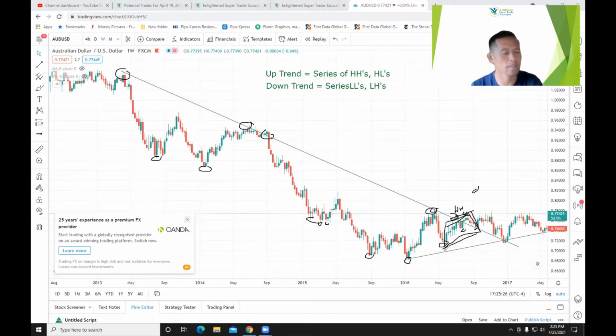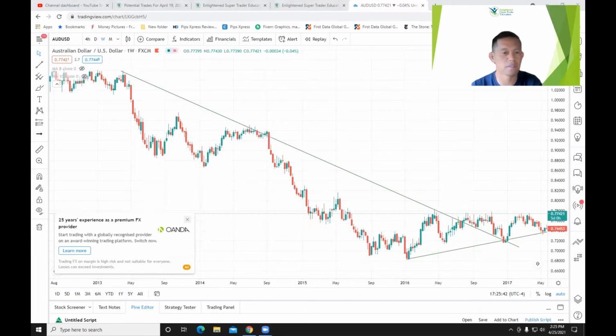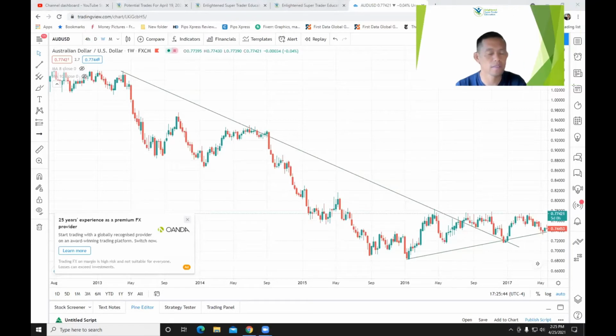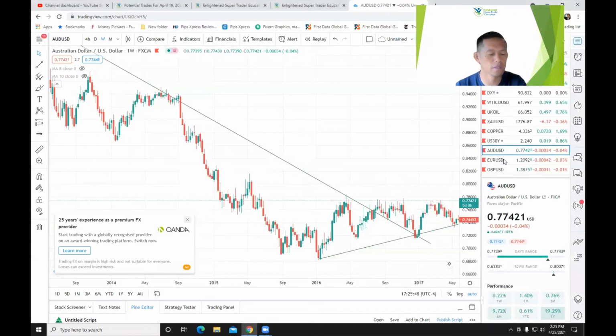Okay, so that is mainly what a downtrend and an uptrend simply means, a series of higher highs and higher lows. If that is mainly the definition of it, then how can you draw trend lines objectively? Okay, let me clear all this and add in a different chart.